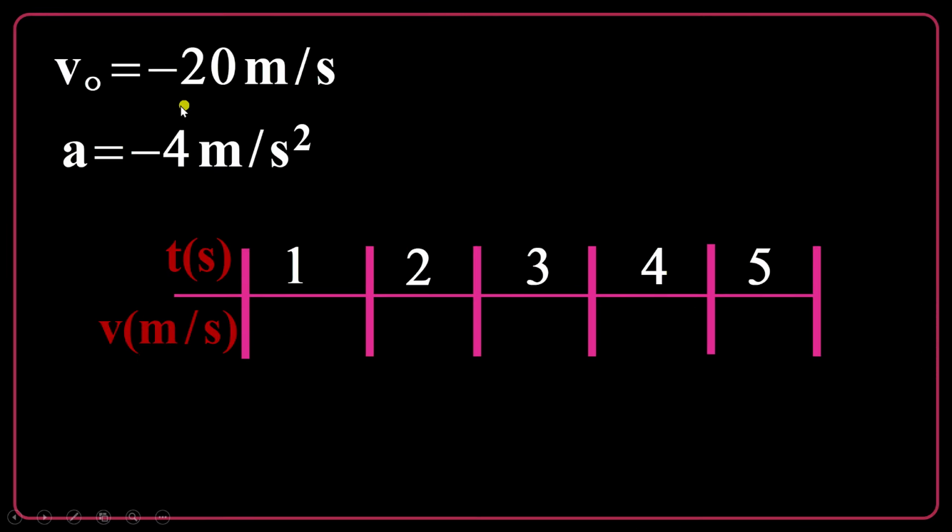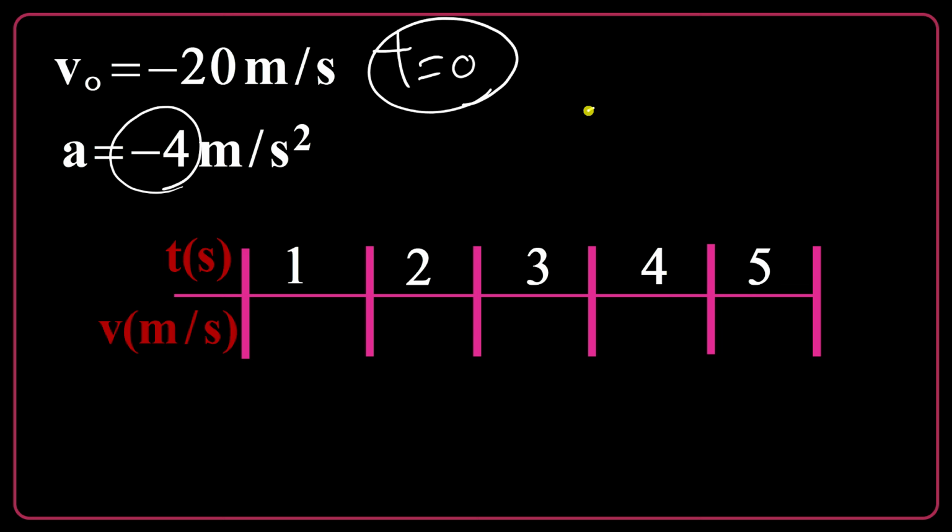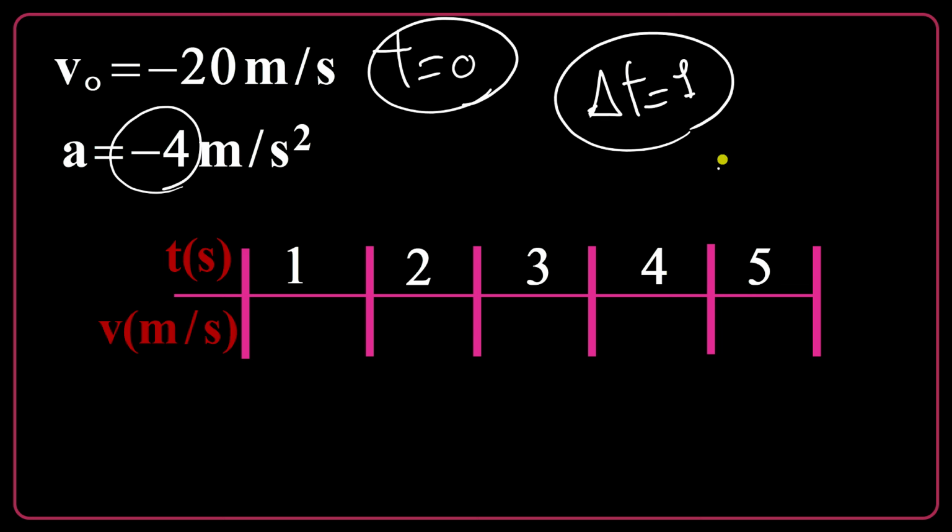This case is different. Initial velocity is negative 20 and acceleration is negative 4. Both are negative. At t equals 0, the object is moving in the negative direction of x because it has negative initial velocity. When the acceleration is negative 4, it means that in each second, delta t equals 1, I will expect a change in velocity of negative 4.